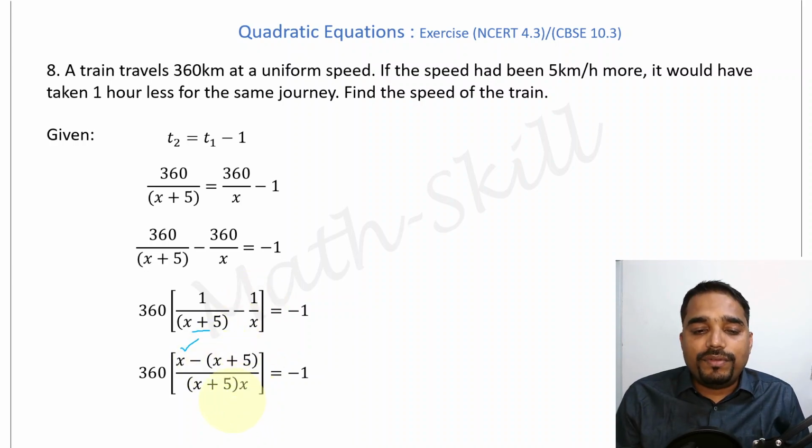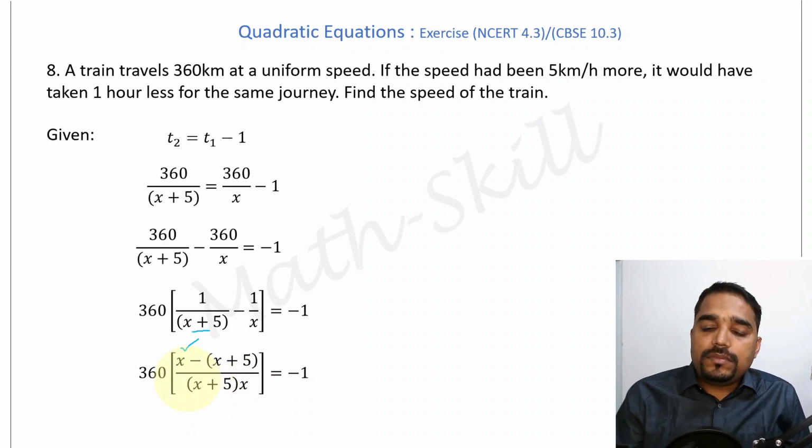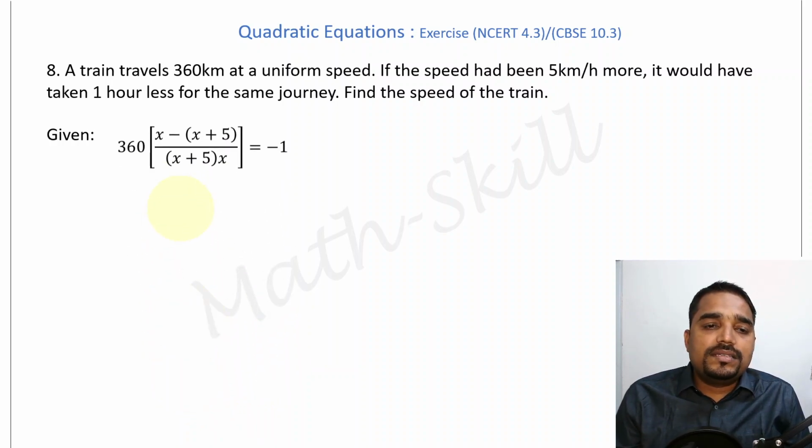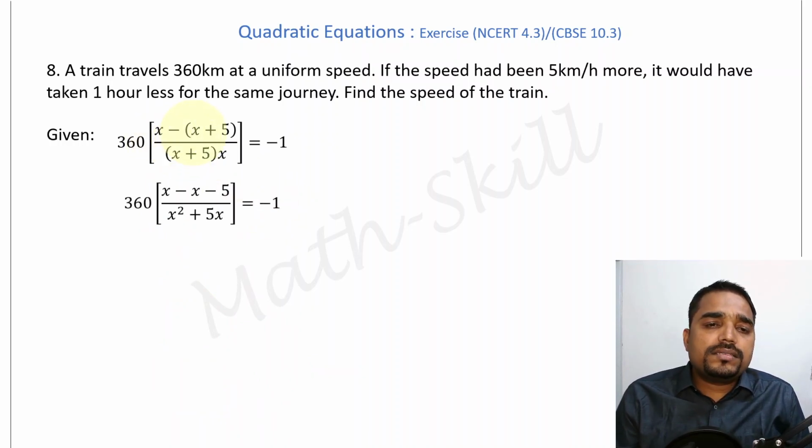Now to simplify, let's open the brackets in the numerator. Also in the denominator, multiply x to both the terms. That is, 360 would remain as it is. Now what we would get, upon opening this particular bracket, is x minus x minus 5 in the numerator. Also x multiplied by x is x square, plus 5 multiplied by x is 5x, is equal to minus 1.